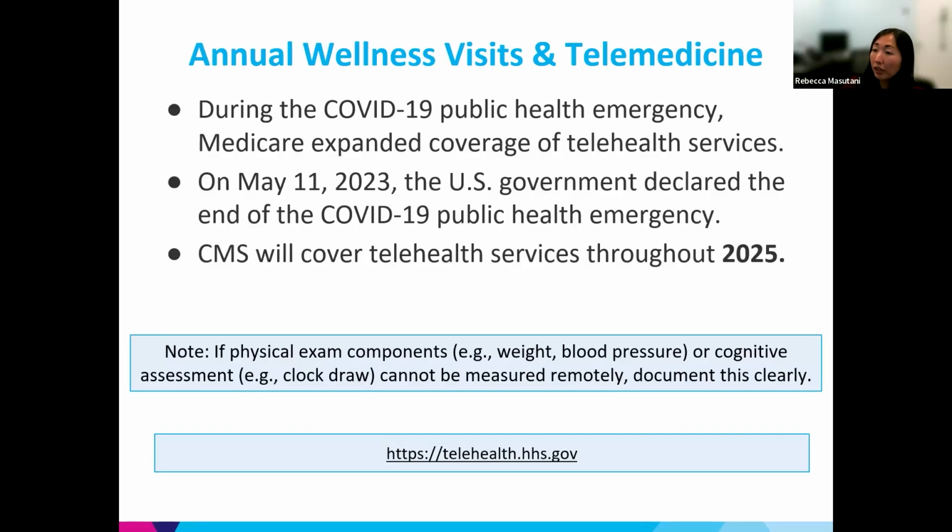Additionally, if there are certain physical exam components, like determining a patient's weight or blood pressure, and they cannot be completed during the telehealth visit, this needs to be documented clearly in the provider's note.